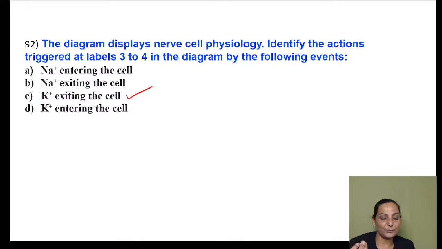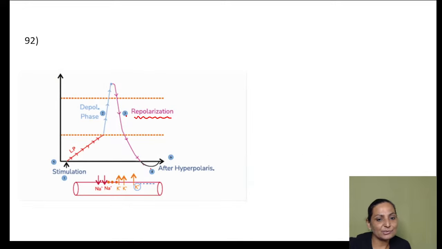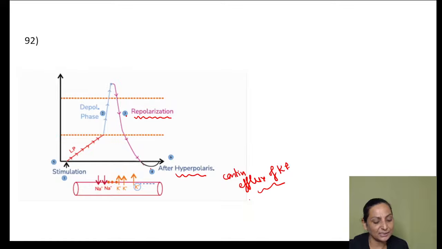So remember that whenever there is an image based diagram, you may get a bit confused, but think logically and then look into the options. So repolarization. Now this stage is called after hyperpolarization, which contributes to more negativity than RMP. That is mainly because of the continued efflux of potassium ions, as the potassium ions pass out through the voltage gated potassium channels, which are slow to open and slow to close.